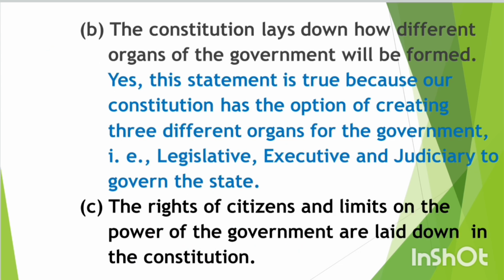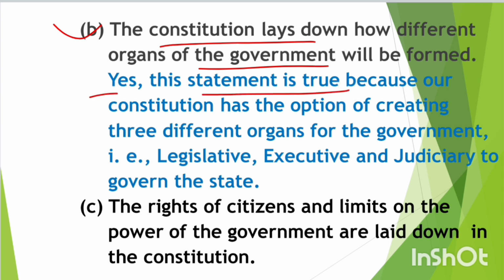So we are moving to our next question, B: the constitution lays down how different organs of the government will be formed. So the answer: yes, this statement is true, because our constitution has the provision of creating three different organs of the government, that is legislative, executive and judiciary, to govern the state.